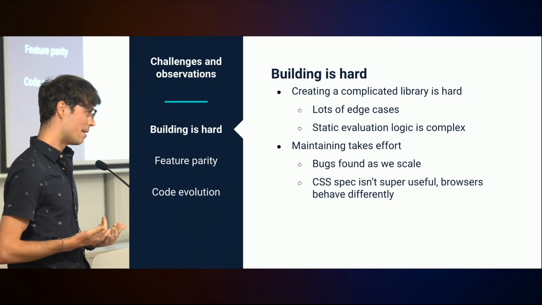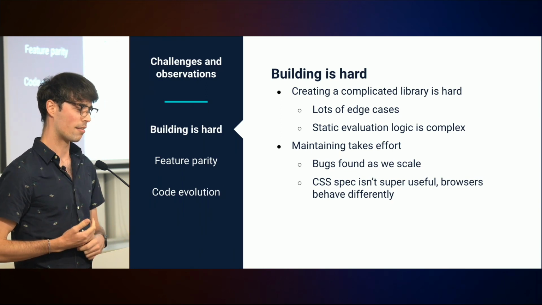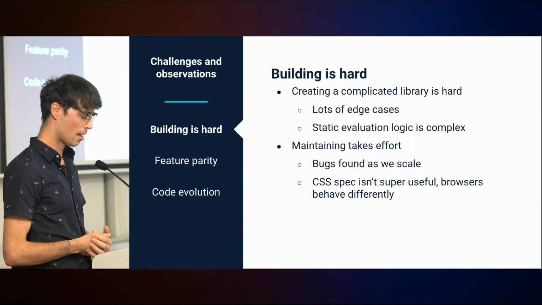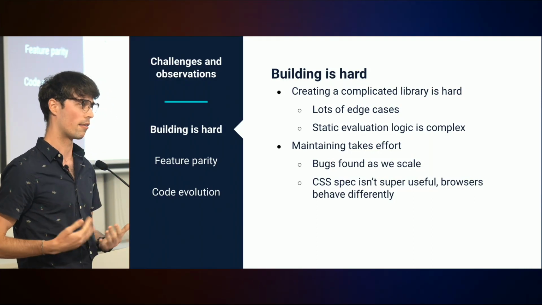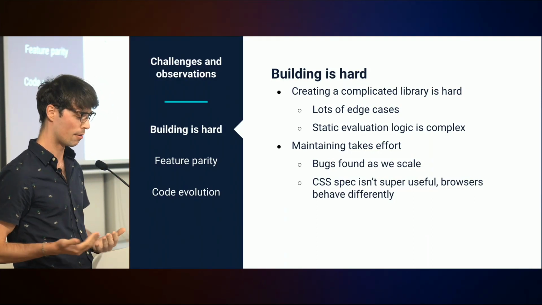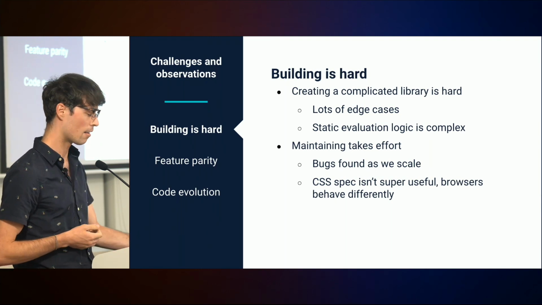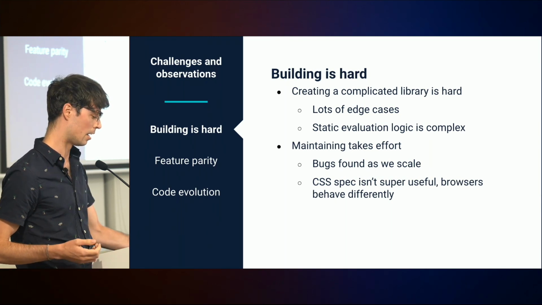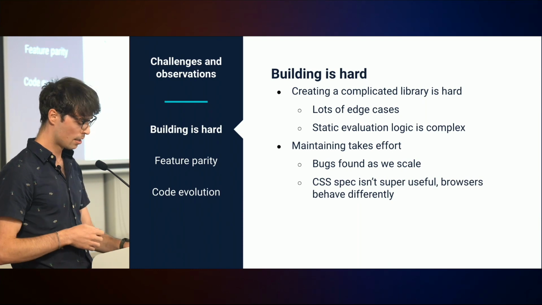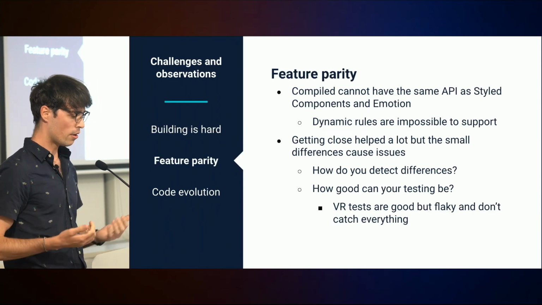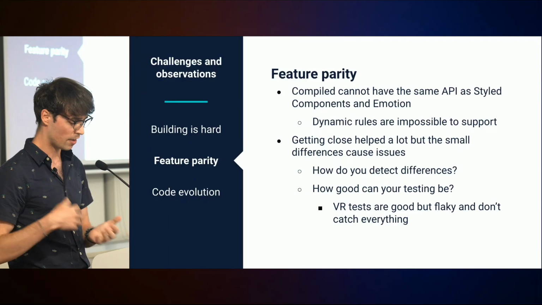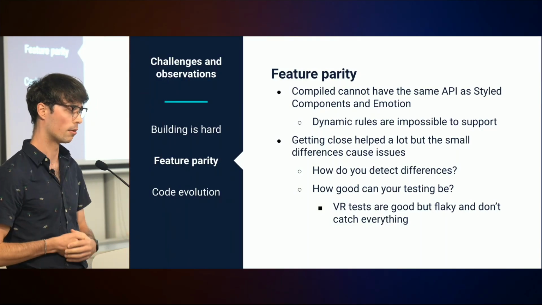If you know a bit about the history of the web, browsers generally do some pretty crazy things. The CSS spec doesn't always define and tell the whole story about the problem. Sometimes browsers behave differently and you need to account for that, because that's what people expect when they use CSS libraries. In general, we don't have full CSS feature parity for CSS in Compiled.